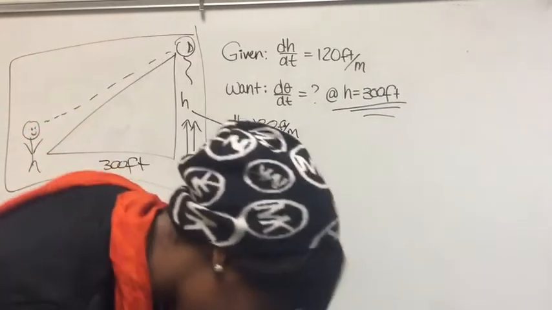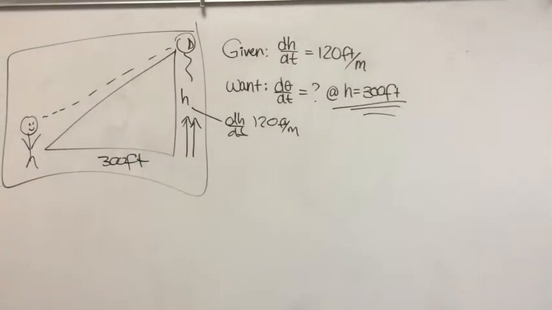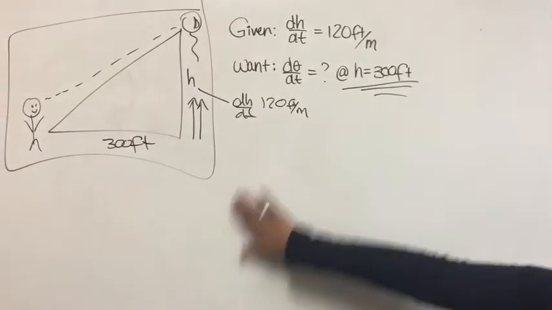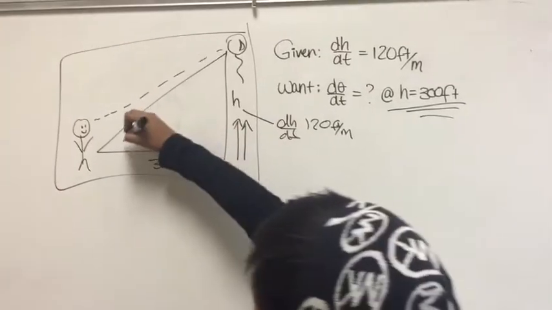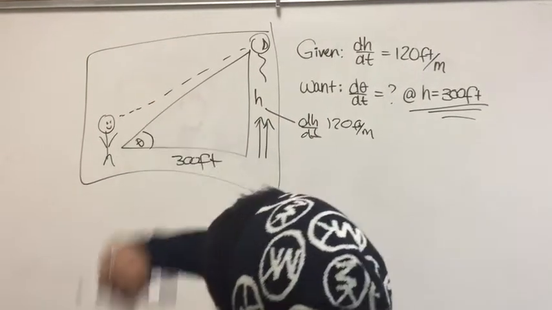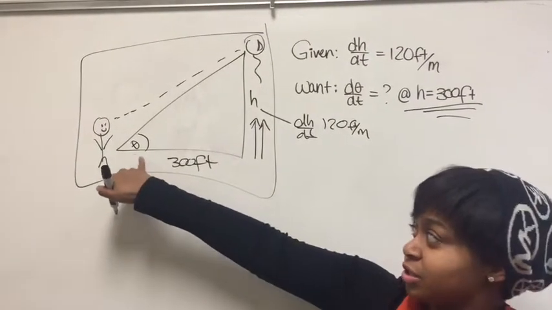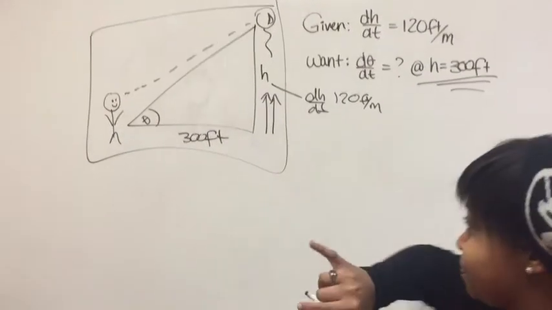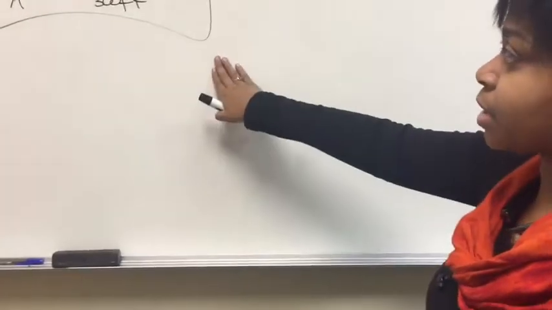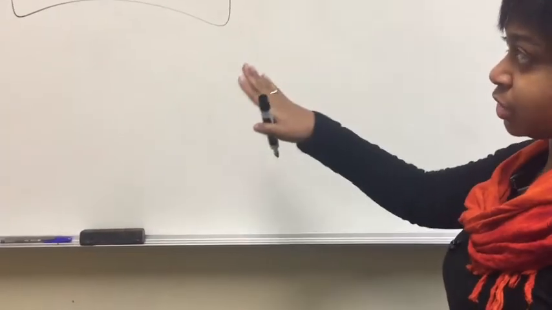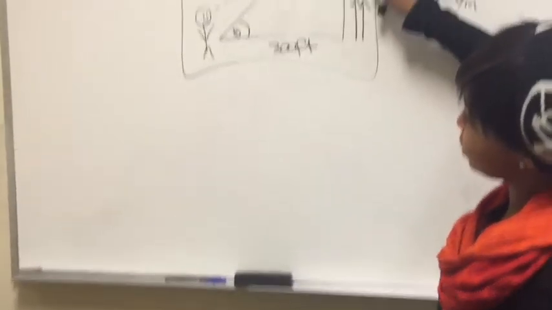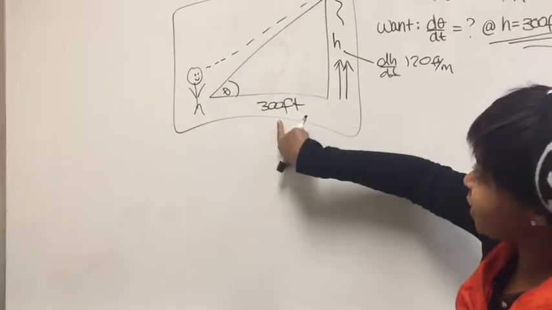Essentially, we're going to set up an equation. I'm sorry, I forgot to draw my angle there, because we're trying to find the rate at which the angle of inclination is increasing. So we have h and we have 300 feet.